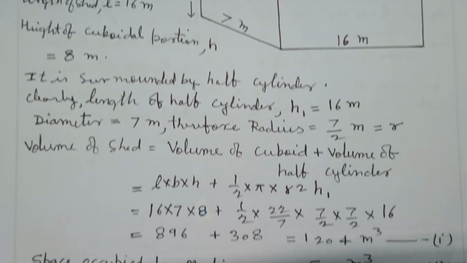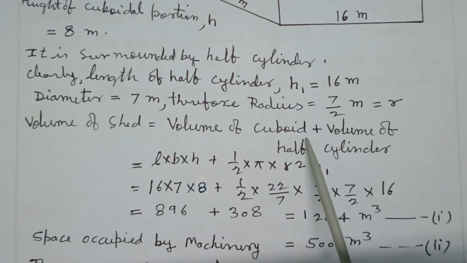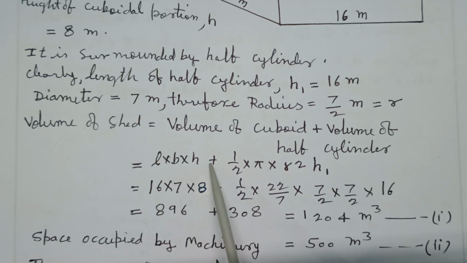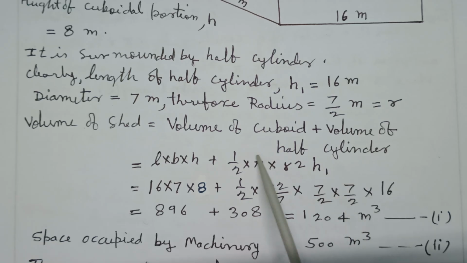Say volume of shed is equal to volume of cuboid plus volume of half cylinder. So it is equal to L into B into H plus half pi R square H. This is the formula for cylinder, and since it is a half cylinder, we have multiplied it by half.